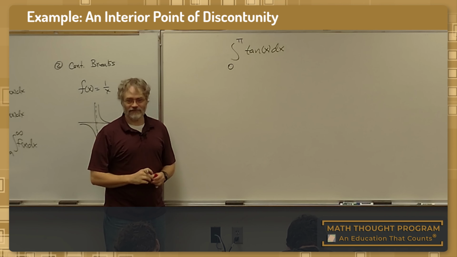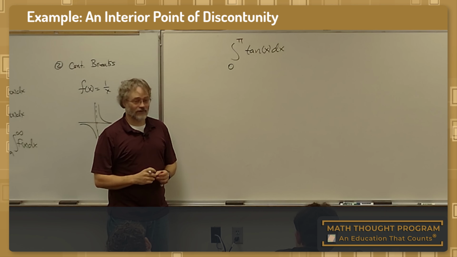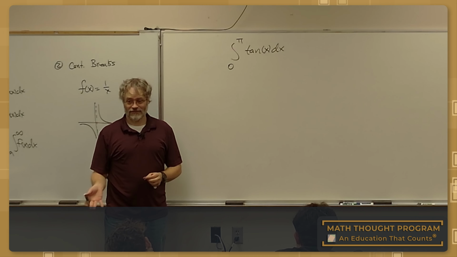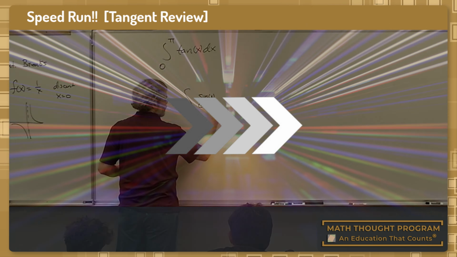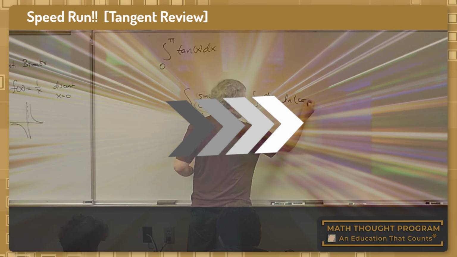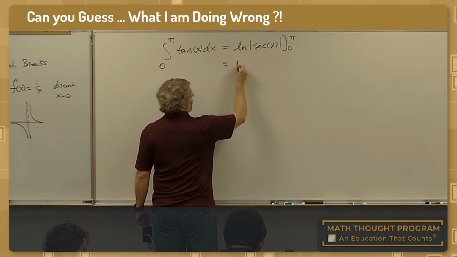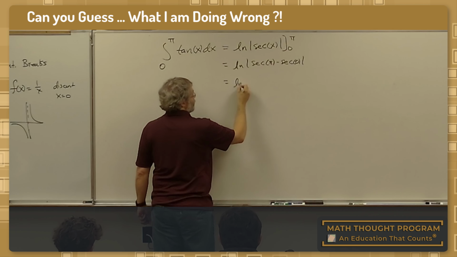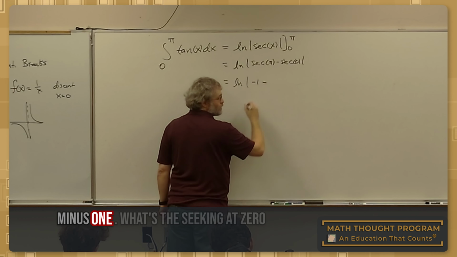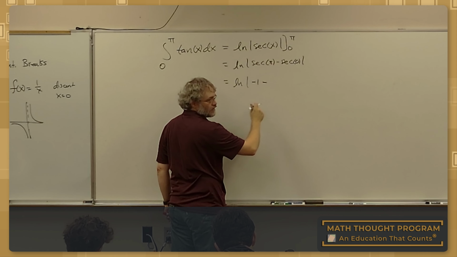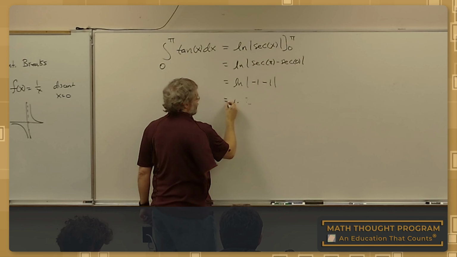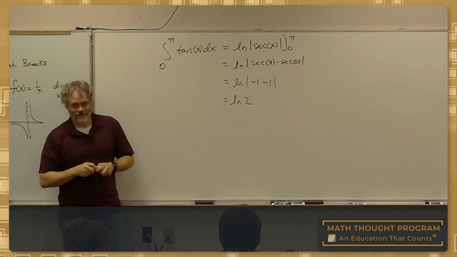What happens here? What's the integration of tangent? Minus 1. What's the secant at 0? 1. What's my answer?